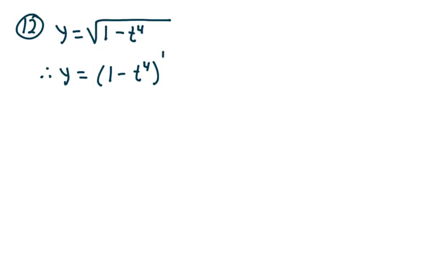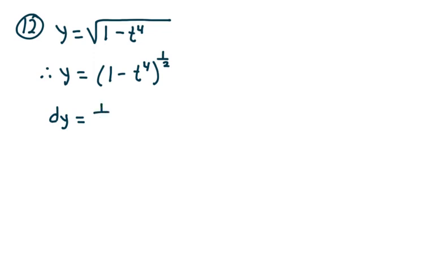Suppose y equals square root of 1 minus t to the 4th. And so, therefore, y equals 1 minus t to the 4th to the half. And so if I want dy, I'm going to take the derivative of 1 minus t to the 4th to the half with respect to t.